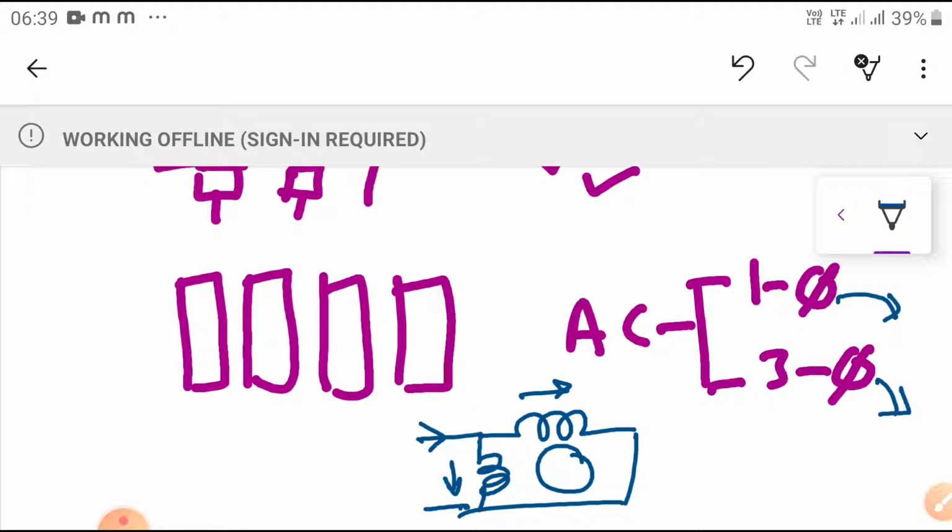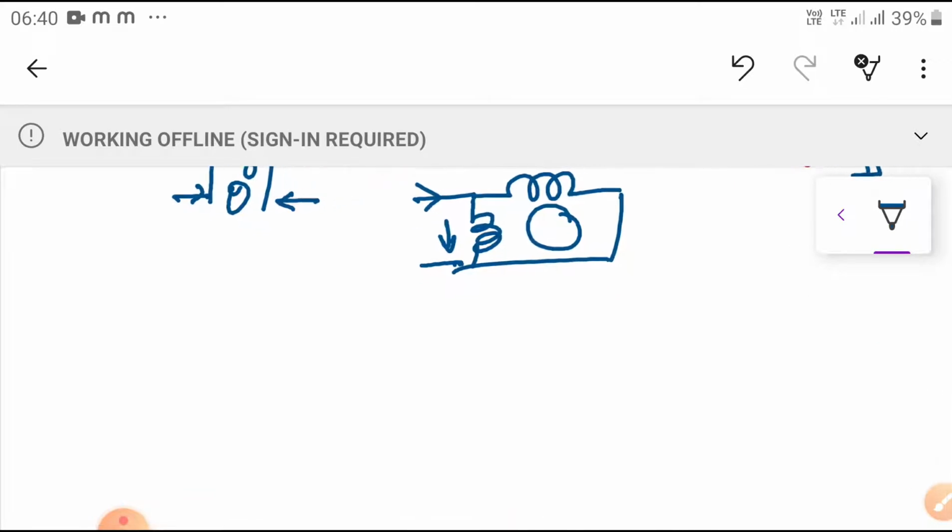At the same time, we have to calculate the slot pitch angle. This angle is the slot angle, and that is how we see the slot pitch. First of all, what is the slot pitch angle?